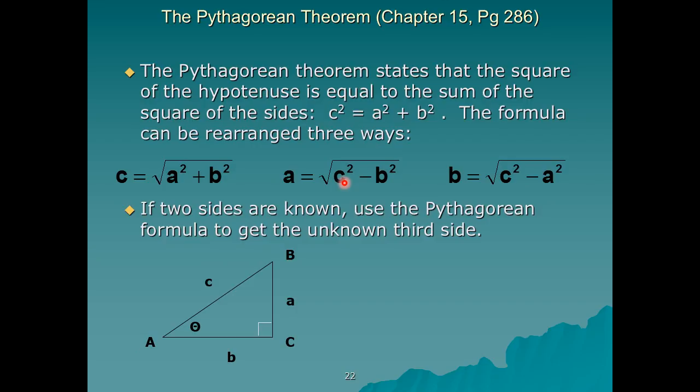If I give you a right triangle with these two sides, can you tell me the other side? You'll be using one of these formulas. If you know a and b, you will be using this one. If you know c and b, you'll be using the middle one. If you know c and a, you'll be using the right one to find b.